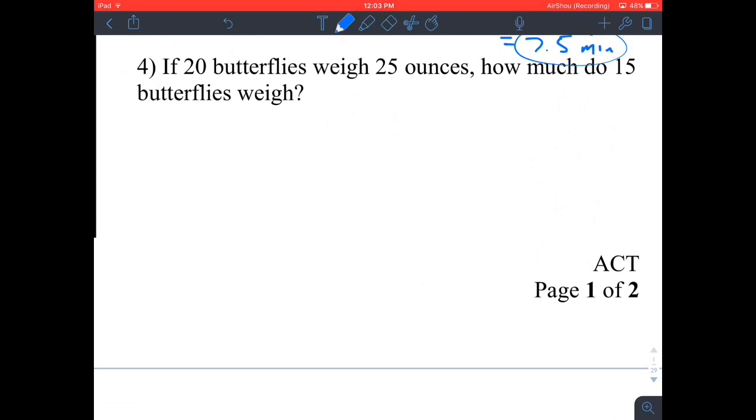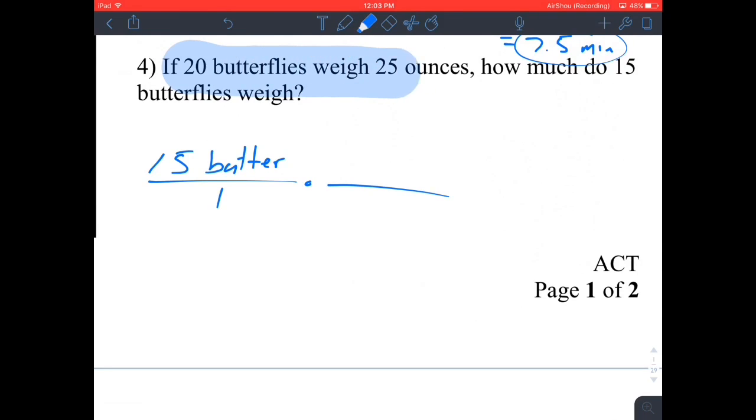Number 4, if 20 butterflies weigh 25 ounces, how much do 15 butterflies weigh? So we're trying to figure out the weight of 15 flies made of butter. I'm going to multiply this by a ratio that's equivalent to 1. 20 butterflies weighs 25 ounces. I want the butter to cancel. That's going to go on the bottom.